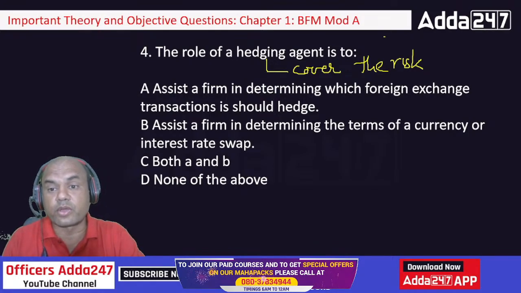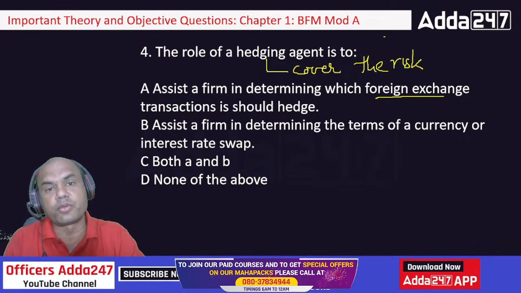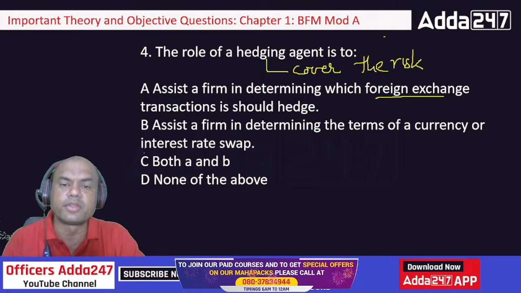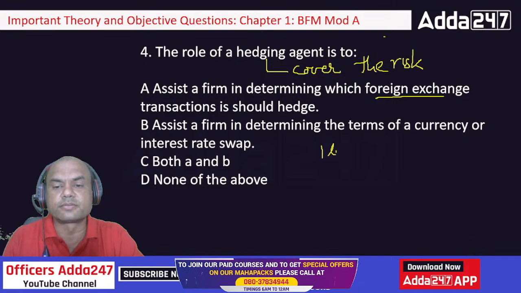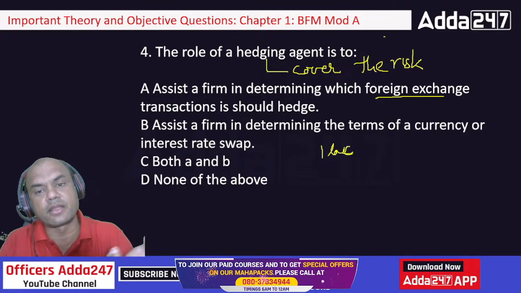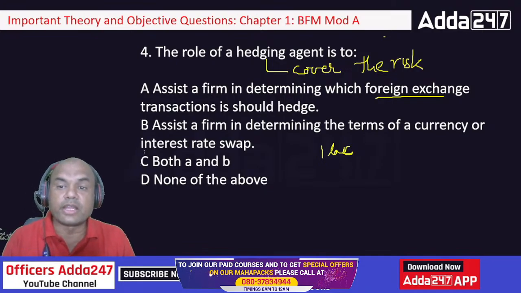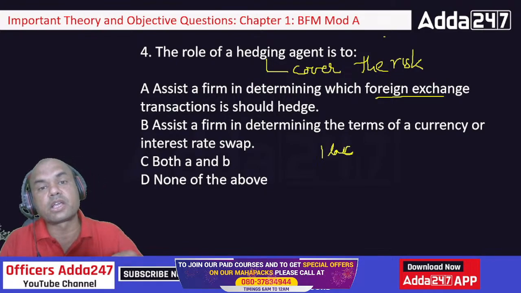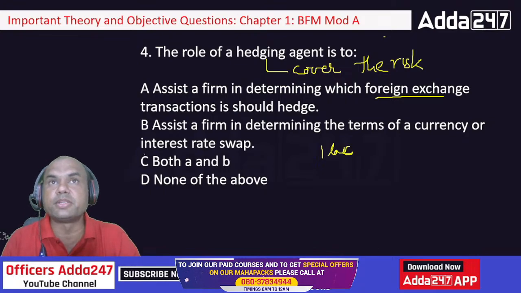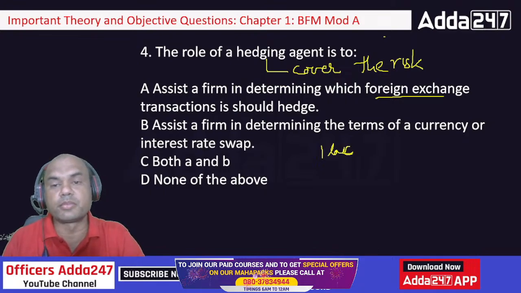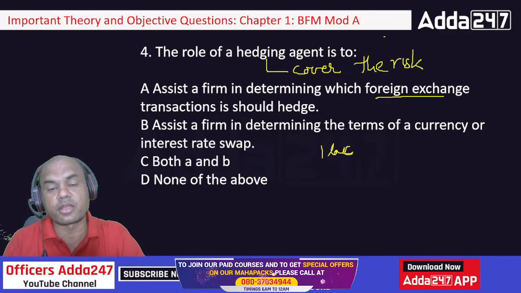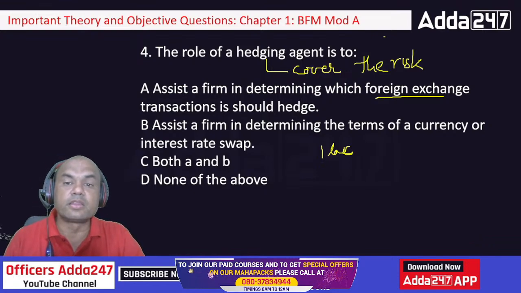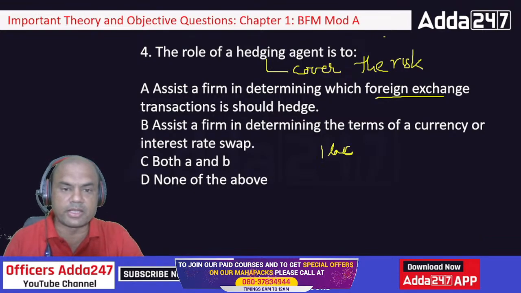Suppose I am doing a transaction of, let's say, $1 lakh for the next 3 months. Will I have to hedge it? Hedge it means will I have to cover the risk using some insurance product or some actuarial product? The role of this is to determine this. So this is true.